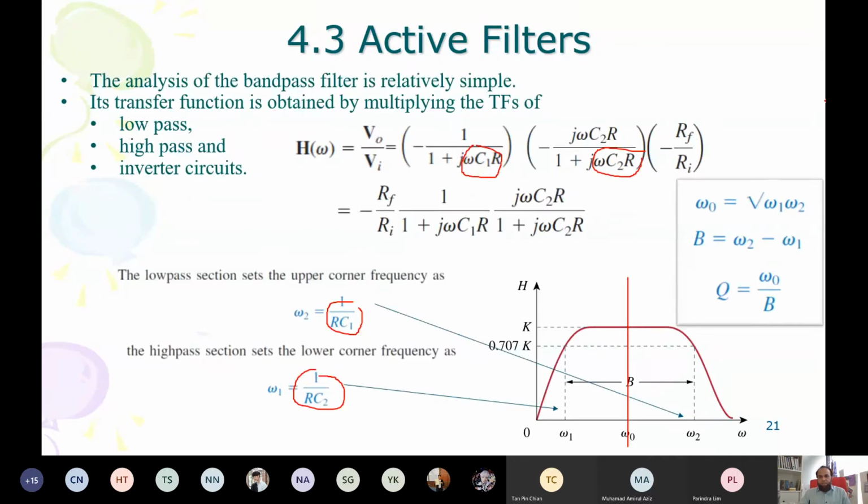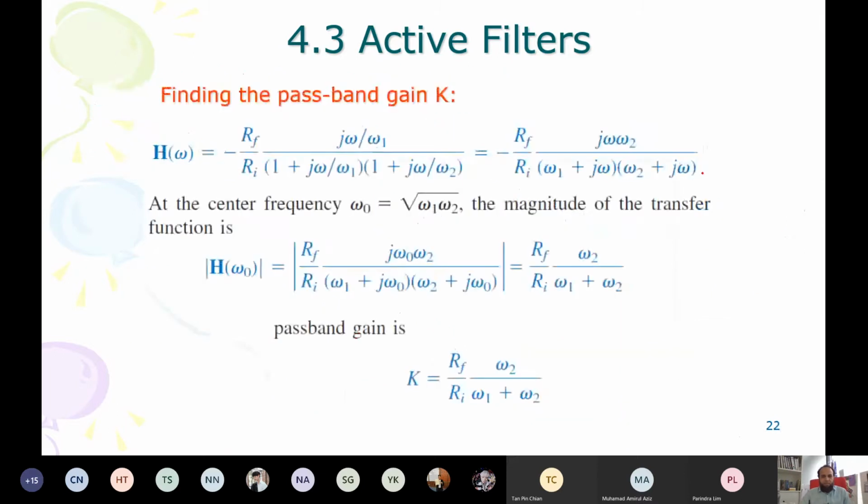Yeah, these values luckily remain the same. Omega naught is square root of omega 1, omega 2. Bandwidth is omega 2 minus omega 1, and quality factor is omega naught upon B. These are like part C and part D. Find the bandwidth and the quality factor also, but the main thing would be something like that.